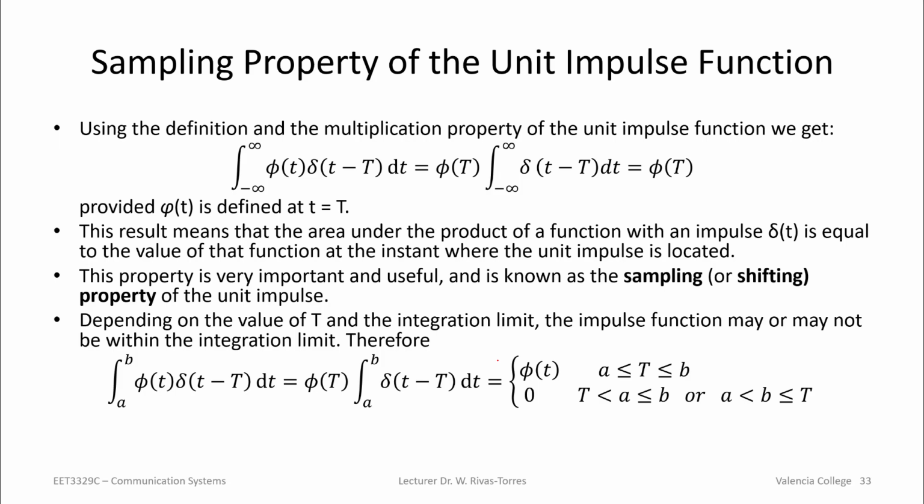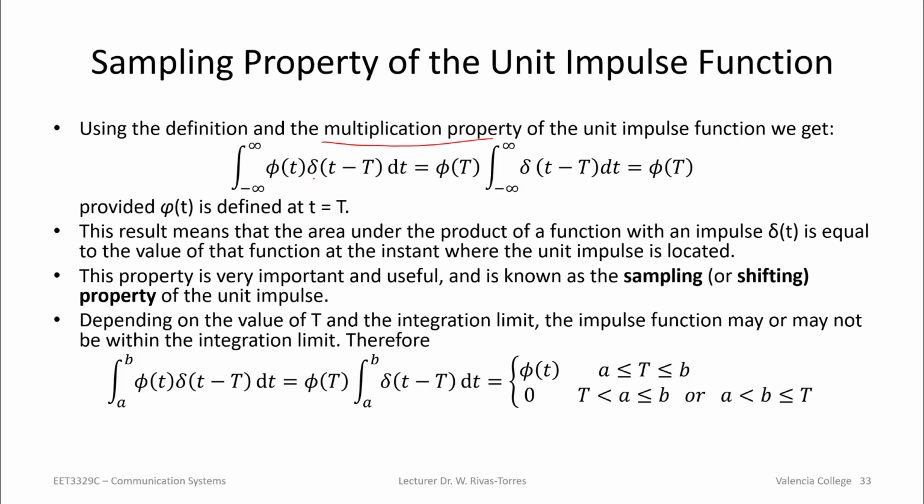So that leads us to what's known as the sampling property of the unit impulse function. The general rule is that we're going to use the multiplication property of the impulse function. If we use that in this integral, we end up with something really interesting.